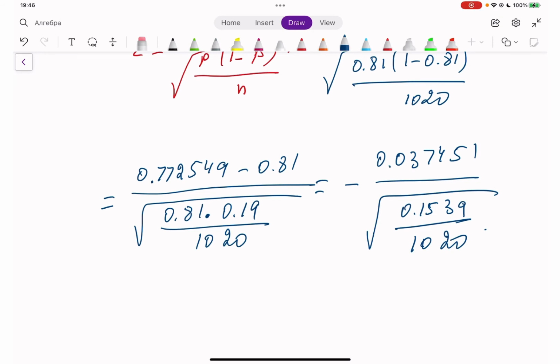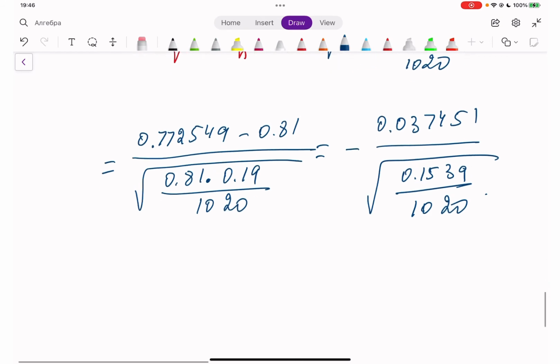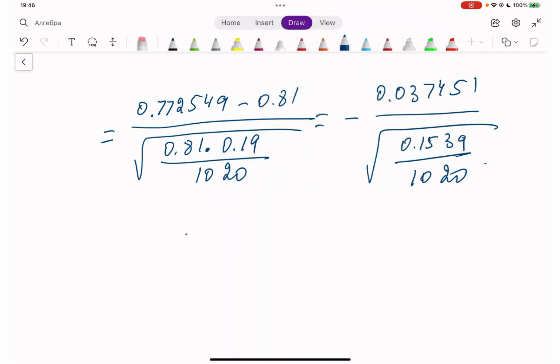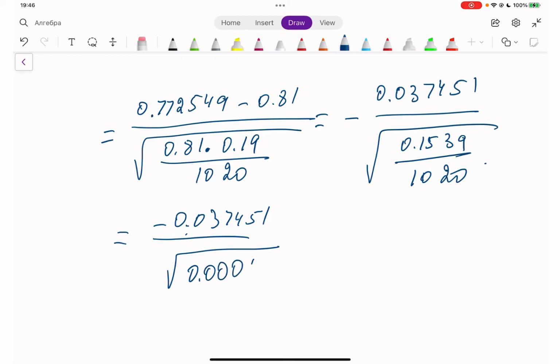Oops, messed up. Okay, 0.1539 divided by 1020. And I am getting negative 0.037451, dividing by the square root of 0.00015088.